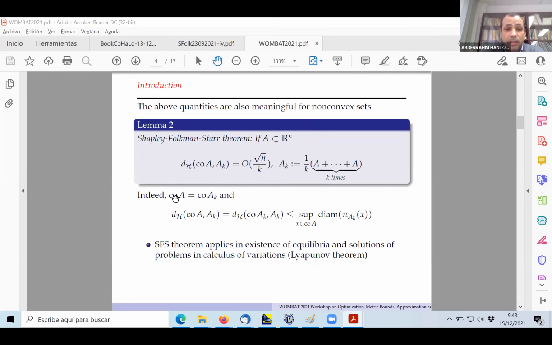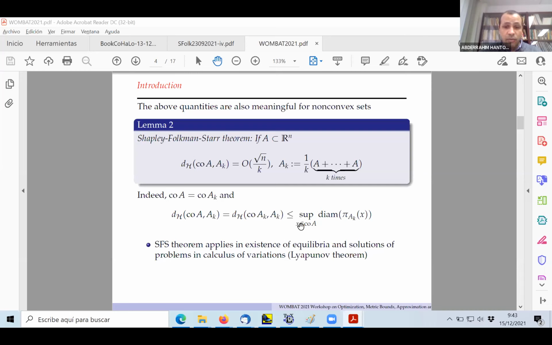Remember that the convex hull of the set A is the same as the convex hull of the set AK. So the Hausdorff distance from the convex hull of A to AK, which is the same as the Hausdorff distance of the convex hull of AK to AK, is measured by this quantity: the supremum over all x in the convex hull of the diameter of the projections.